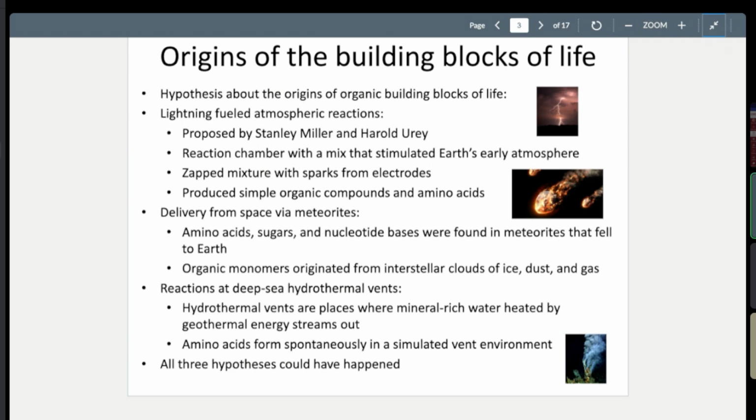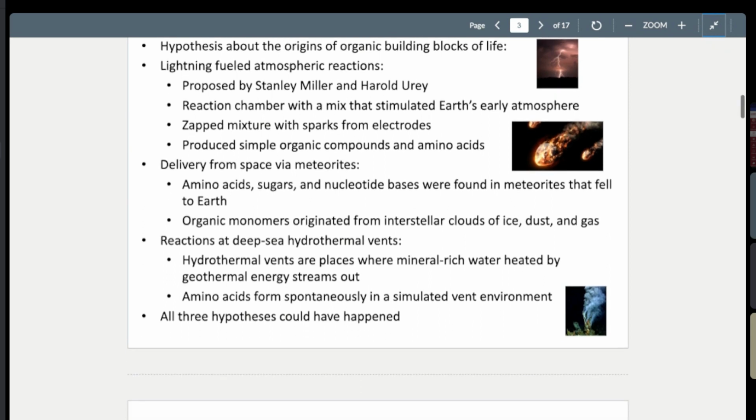They used a reaction chamber with a mix that simulated Earth's early atmosphere. They zapped the mixture with sparks from electrodes, and produced simple organic compounds and amino acids. This is how they were able to back up this hypothesis.